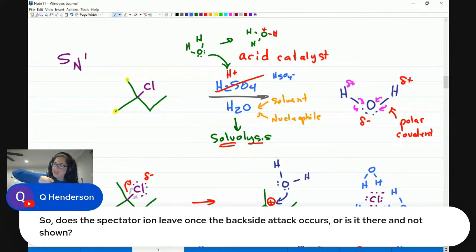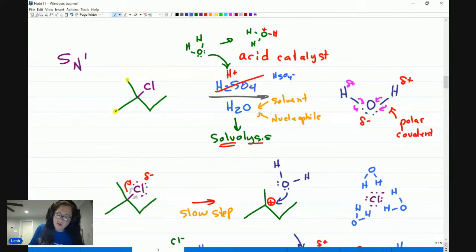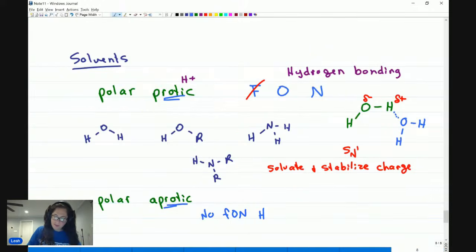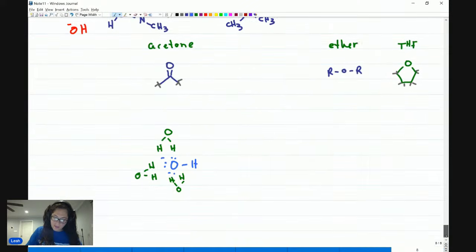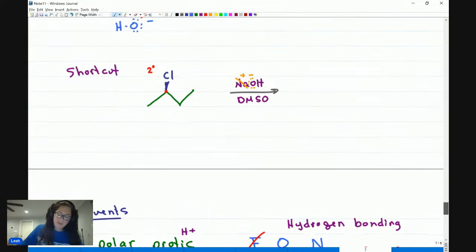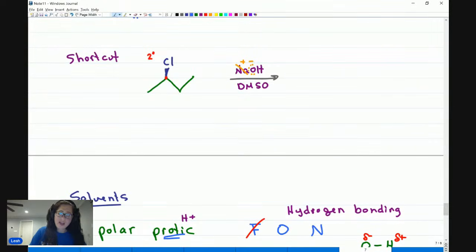This does nothing. It's a spectator. It disappears, never to be heard from again. And so if you recognize that, where are we with the mechanism, with the reaction, with a shortcut here. Okay. If you recognize the spectator, it's just there to balance charge. It breaks away. It goes somewhere. It's probably not very happy because it doesn't have anything to latch onto like it does in a protic solvent, but it just disappears, never to be heard from again. And what we care about is that we have the OH minus, which brings up the shortcut.